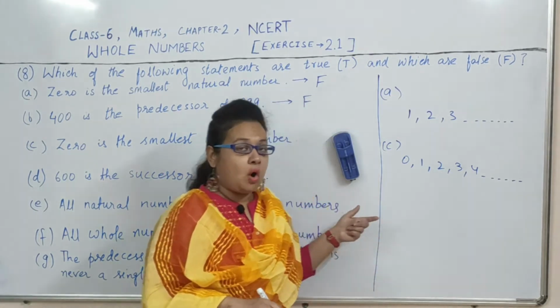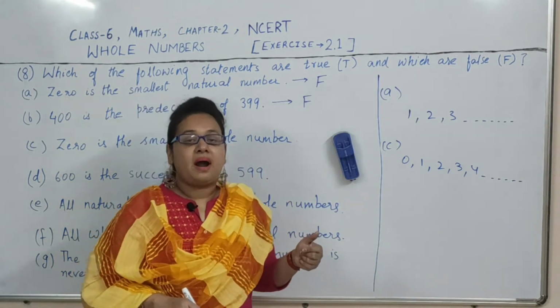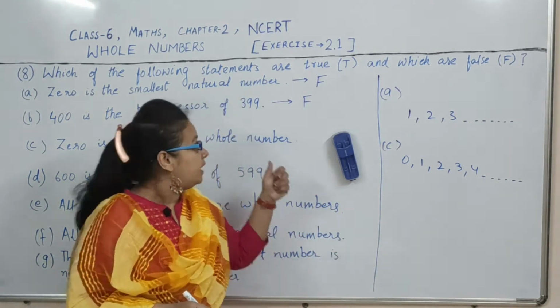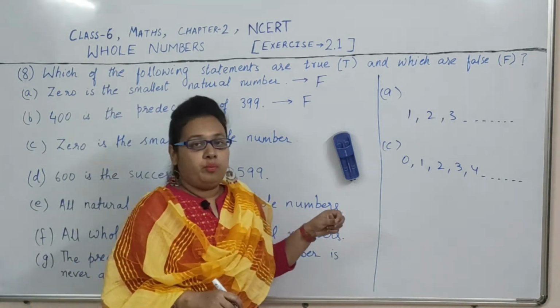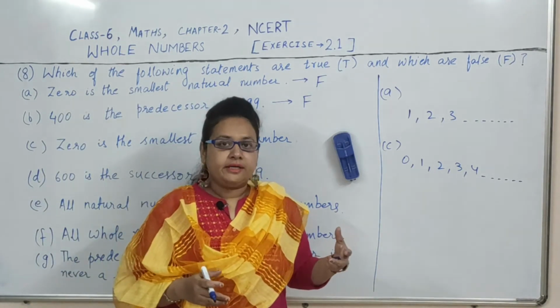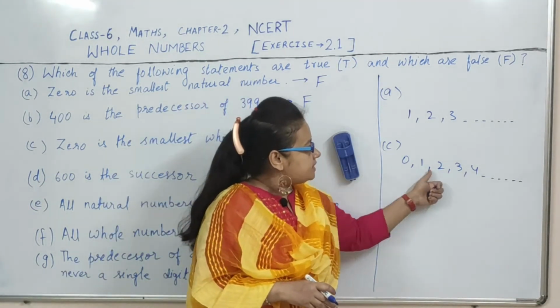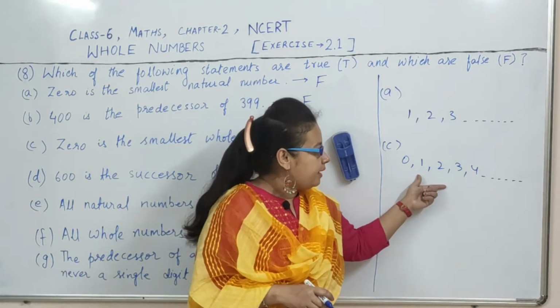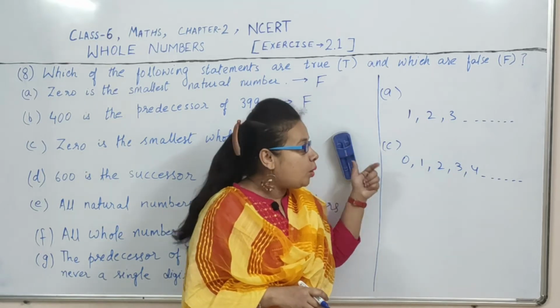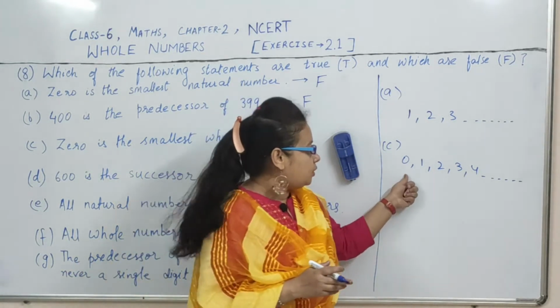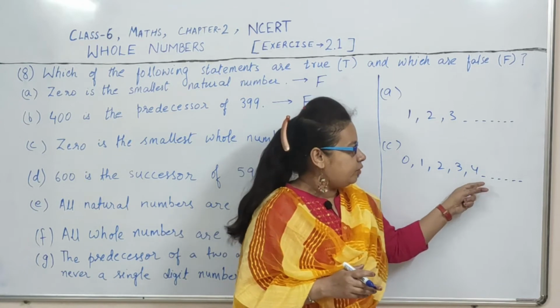I have taught all these concepts in the theory part, in the introduction part of this chapter, whole numbers. So if you want to learn it thoroughly, you can watch that video. So 0 is the smallest whole number, because whole numbers start with 0, 1, 2, 3, 4, like that.